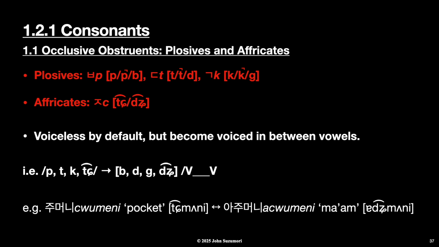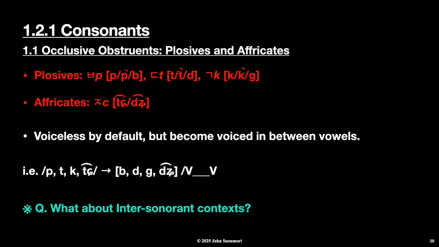If you're not familiar with voicing, please review KGTL 1.1.3. Note that some references may claim that voicing occurs in between not only vowels but also sonorants. This intersonorant context will be discussed in the advanced section.